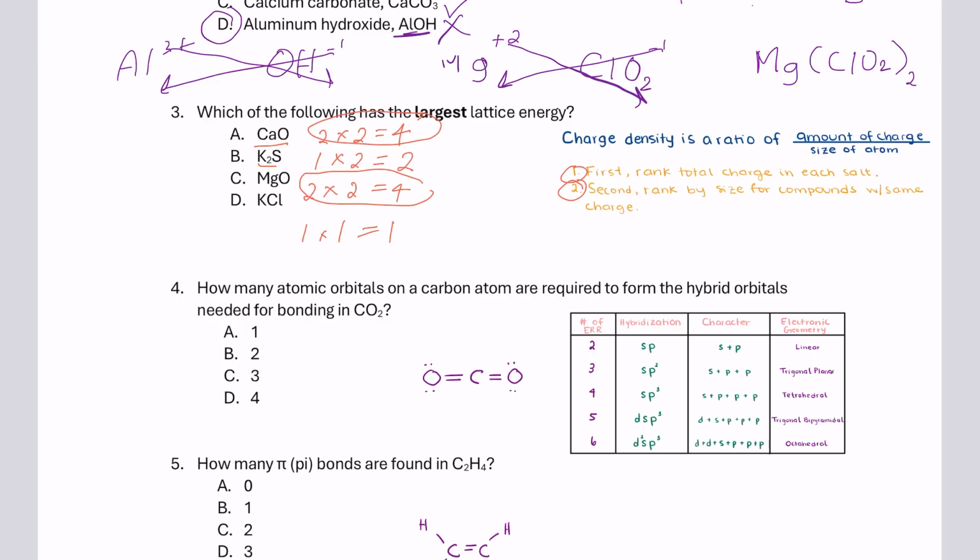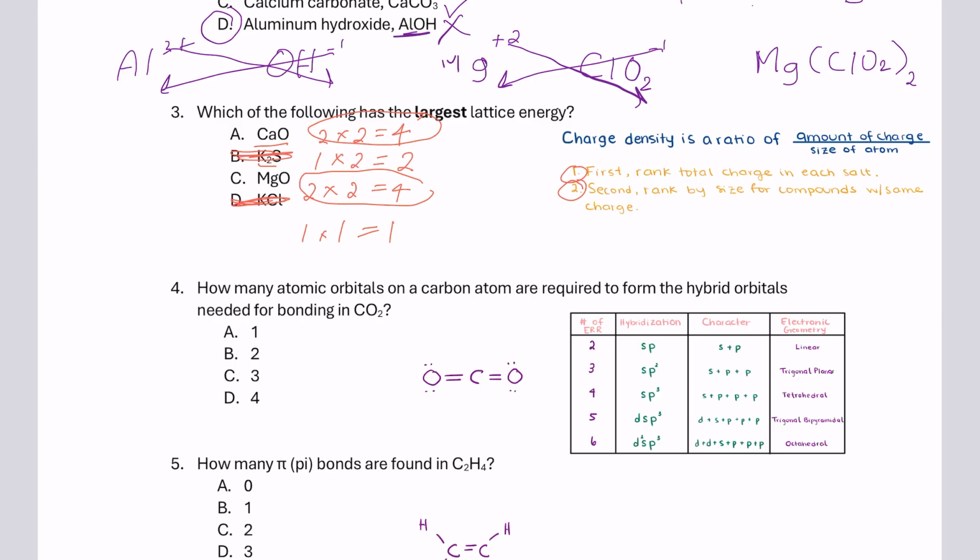Now, between the two, we need to figure out which one has a higher lattice energy. From the first step where we compare charge, we know that calcium oxide and magnesium oxide have stronger electrostatic attractions than potassium sulfide and potassium chloride, meaning they are the 2 ionic compounds with higher lattice energy. Now, between the two, we need to figure out which one reigns supreme.